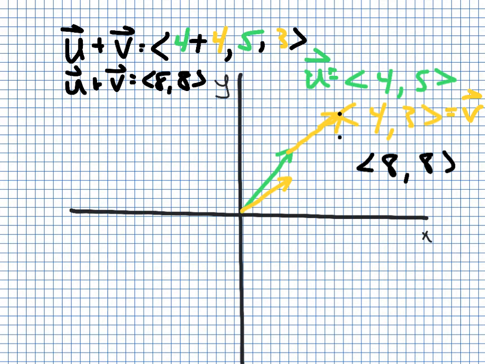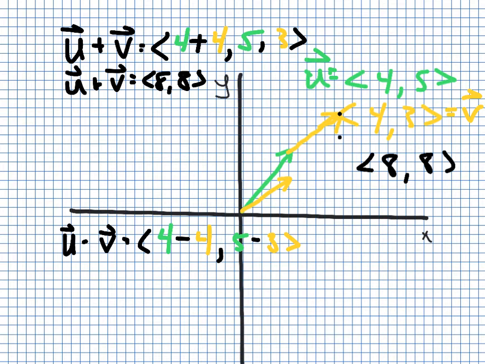Same thing goes with subtraction. So, u minus v would equal 4 minus 4, and then a comma, so the x components, and then 5 minus 3.